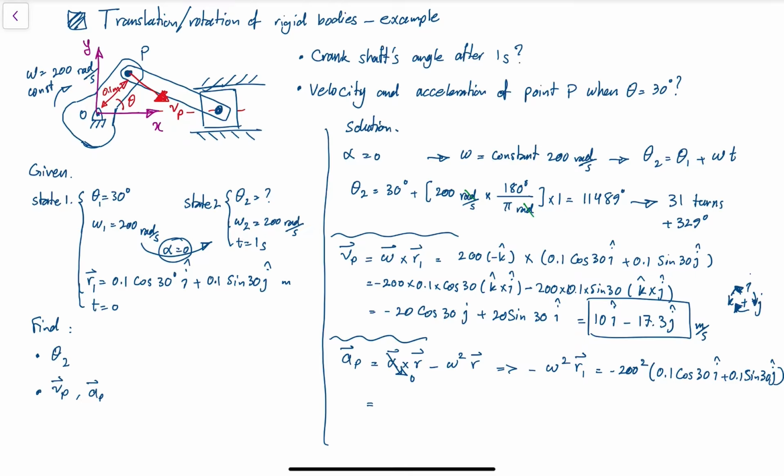And if you do all the numbers, you will get minus 3,464 i minus 2,000 j meter per second square. So as we expect, the direction is just in the opposite direction of line OP or R, and that is my acceleration.